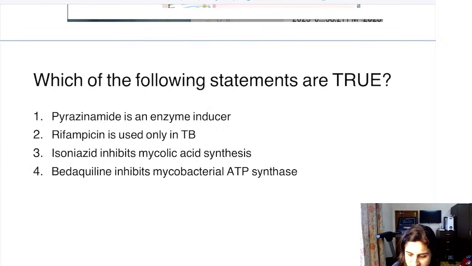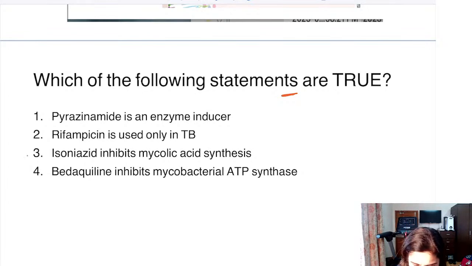So because it is written statement, so there can be more than one true statement. So कौन से statements true है? Which are true here? Yes, 3 and 4. Very good.